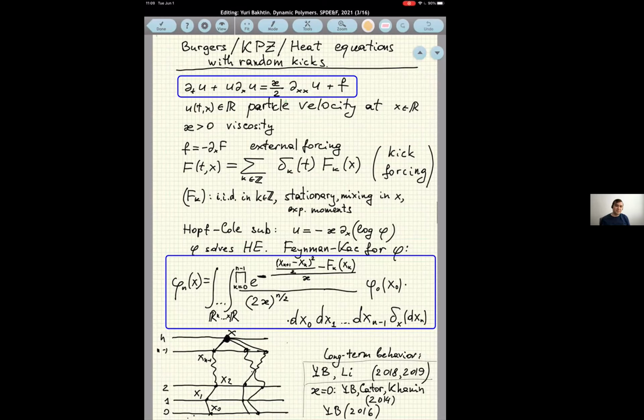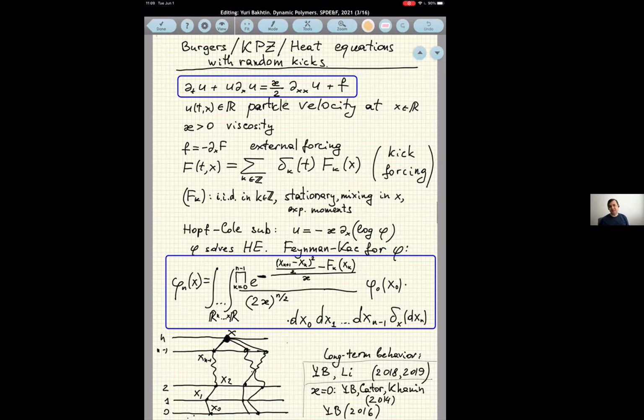Now the standard approach to those systems with quadratic nonlinearities is to apply the Hopf-Cole transformation, reducing the system to the heat equation. In this case, it is the heat equation that also has multiplicative kicks. You can solve that with the discrete version of the Feynman-Kac formula.